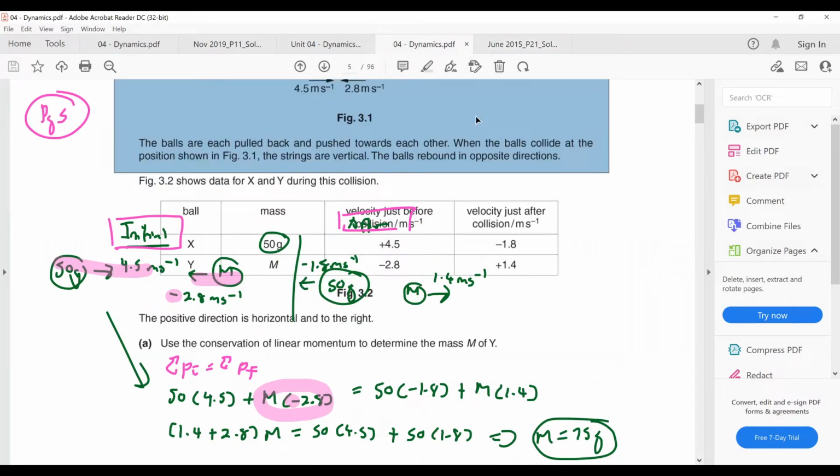Now, notice that in my case here, this G is actually in grams, but I did not change it to kg. There's a reason for that. It's because if everything here was G and then everything here was meter per second, maybe it's better if I just do it like this.